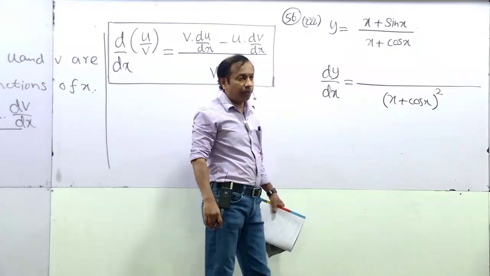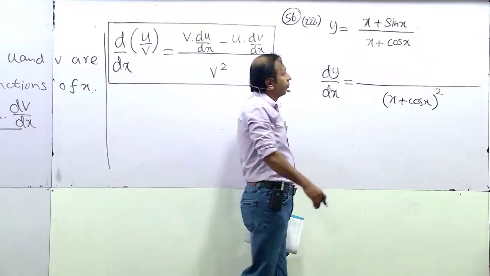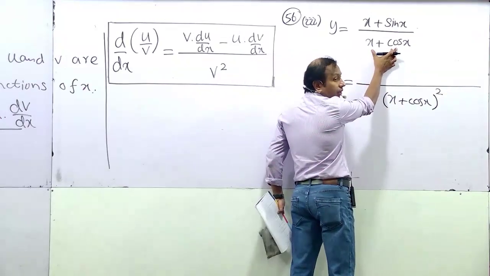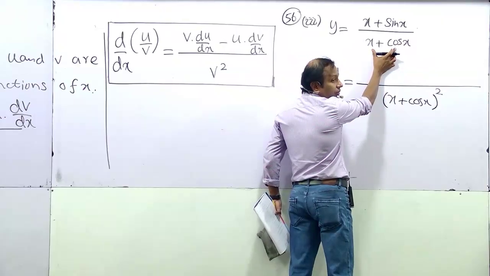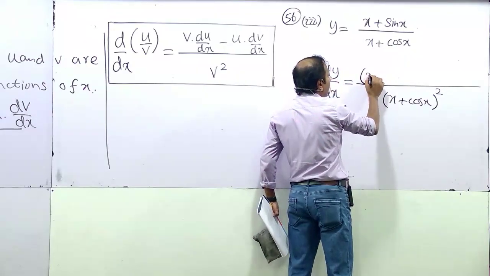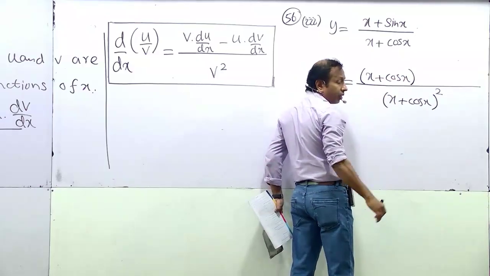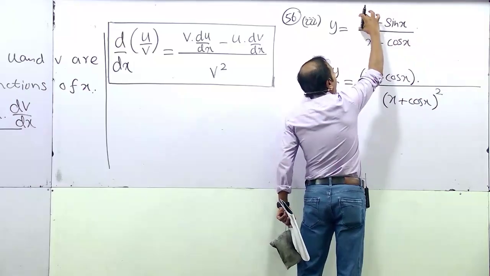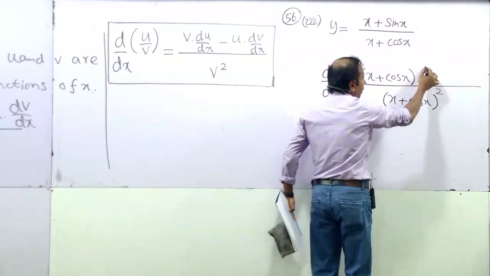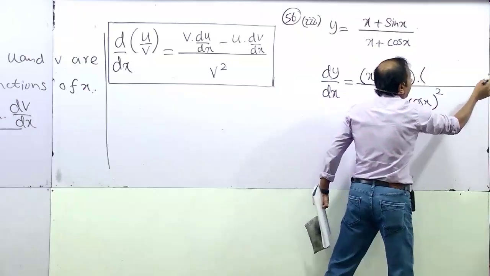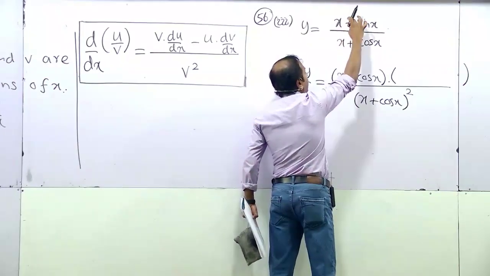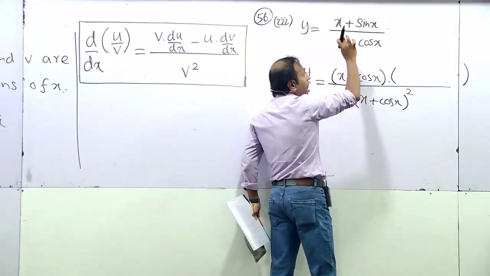Now the numerator: the same given denominator we write at the beginning of the numerator of dy by dx. Now it is multiplied by the derivative of this. Tell me how to differentiate x plus sin x.